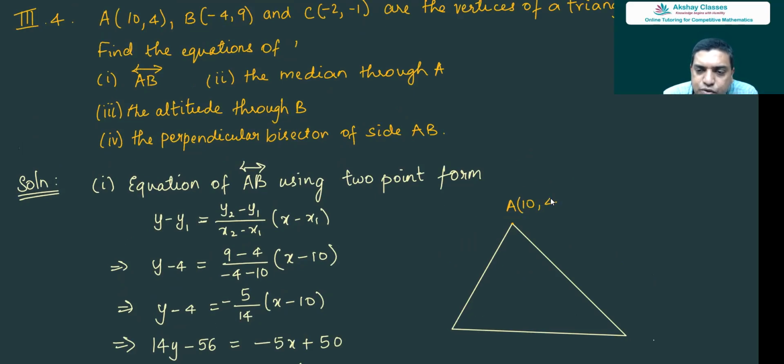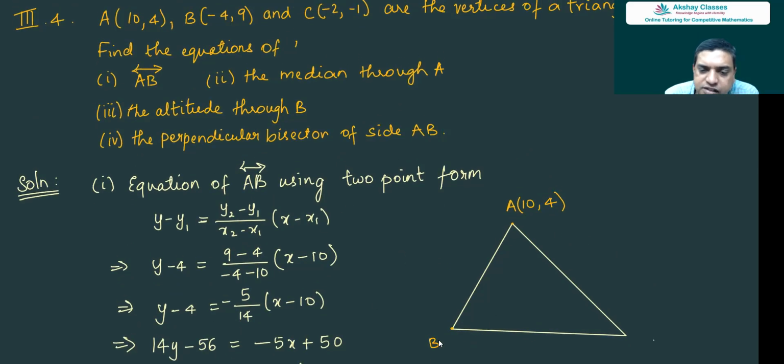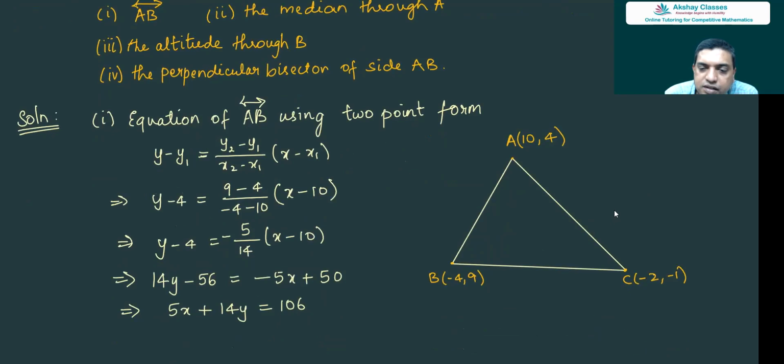Don't worry about it being geometrically correct. If you draw it on a graph plane, it may not be accurate, but I'm just roughly drawing it. Actually B will be up, so don't worry about all those things. Okay, so now this is a triangle.